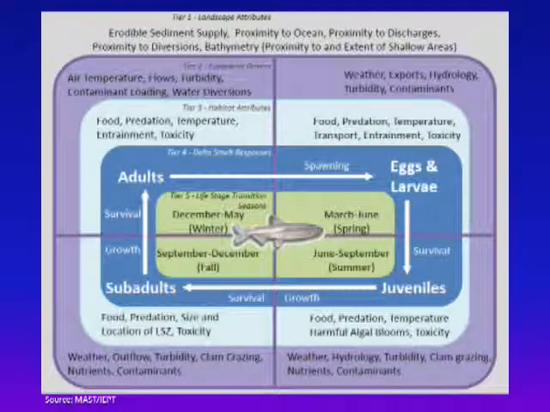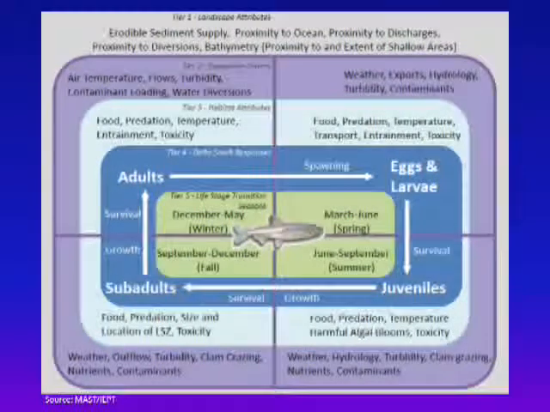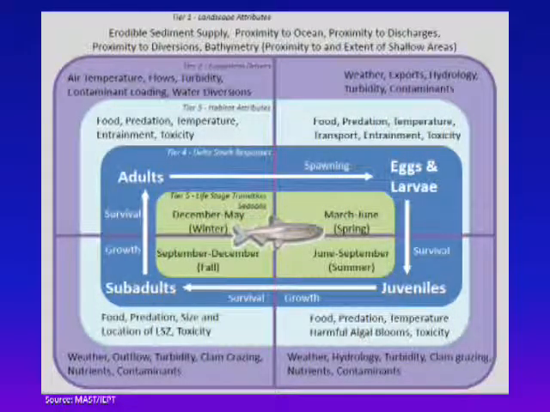Going to the overall background of conceptual models, I think this was presented in the previous workshop. I will emphasize the different components in the tier 2, water diversions and hydrology. This pertains to this workshop.